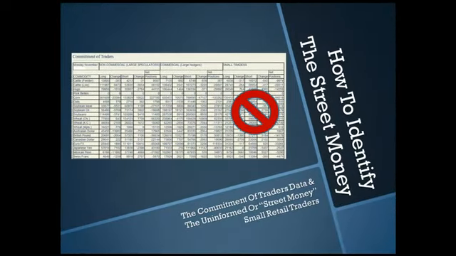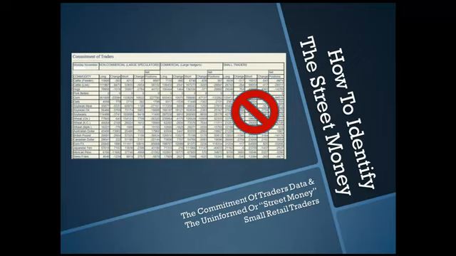We've already gone over real quick what three groups the Commitment of Traders report covers and documents their positions on. But basically, the one category of traders that you want to be avoiding and not being classified in is the small trader. This is the uninformed, or what is commonly referred to as street money.